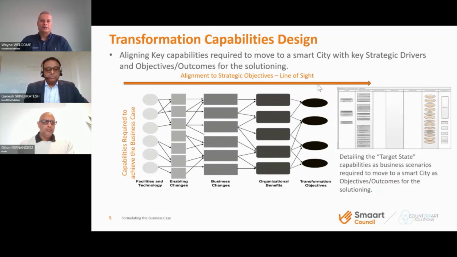And so to start with that, what we want to do is join up from left to right and focus on what are the facilities and technology requirements that would drive the enabling changes within the business, which would then drive, let's call those the enablers, which will then drive the key business transformation changes. Those business transformation changes will drive organizational benefits, which will in turn deliver those transformation objectives or strategic drivers that you've got within your council plans.